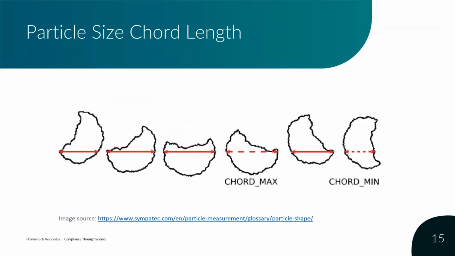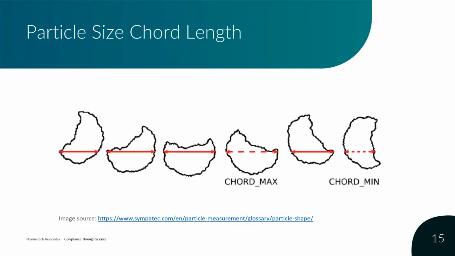And just to go a little bit deeper into particle size, because it can be such a critical part of your finished product, and it can affect so many critical quality attributes. Particle size and porosity are of particular concern if you want to use your process analytical technology data for surrogate dissolution modeling.